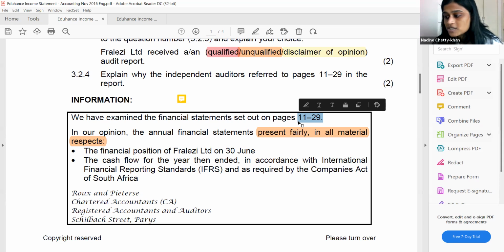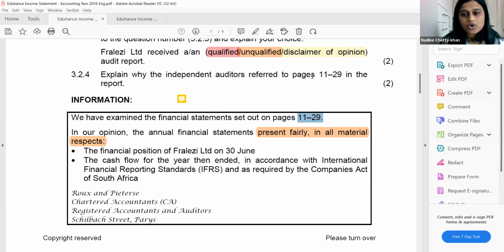So in this part, you basically had to say why the independent auditors referred to those pages. Well, they were only responsible for auditing those pages. They are not accountable for any information in the other pages. Okay, so one of those two would have given you the full 2 marks.